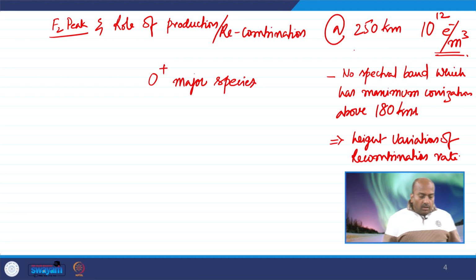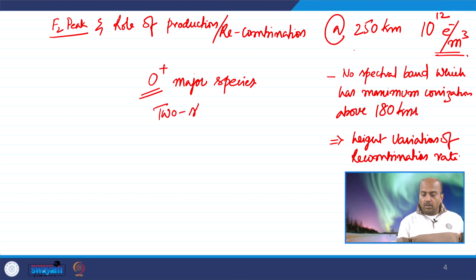Now, this O plus can be lost, or O plus upon recombination with the electrons can result in the formation of a neutral state. It follows a two-stage recombination process.